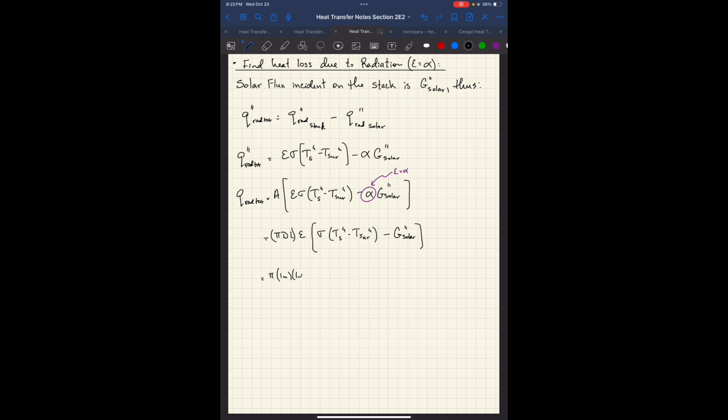Diameter is 1 meter, length is 10 meters, epsilon is 0.9. Stefan-Boltzmann constant. Okay, and now we have the temperatures. That's why I wrote them in Kelvin earlier so that we can plug in a lot easier. So T_s in Kelvin was 399.85.